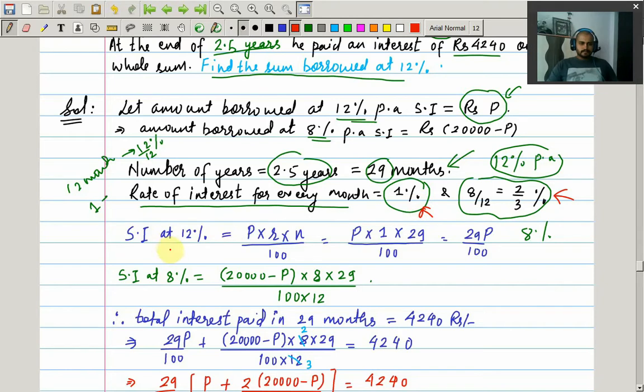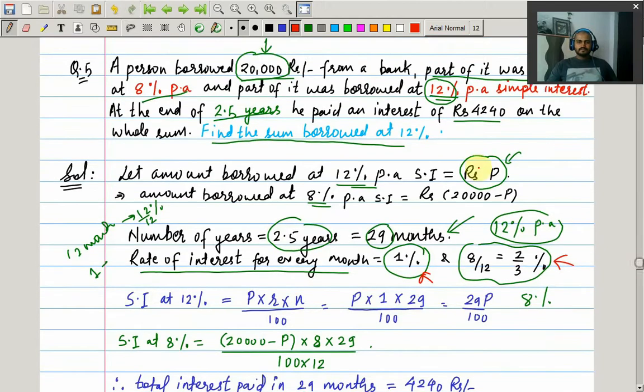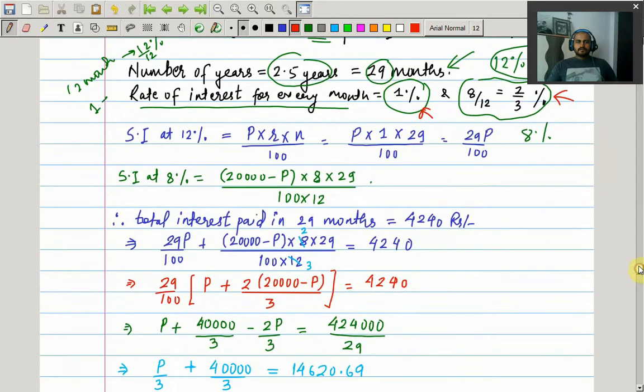Okay, so simple interest at 12%. Let's see the question. The question says that he paid interest of 4,240 rupees, and this is the total interest paid. So simple interest by this rate, 12% per annum or 1% per month, is P into R into N upon 100.